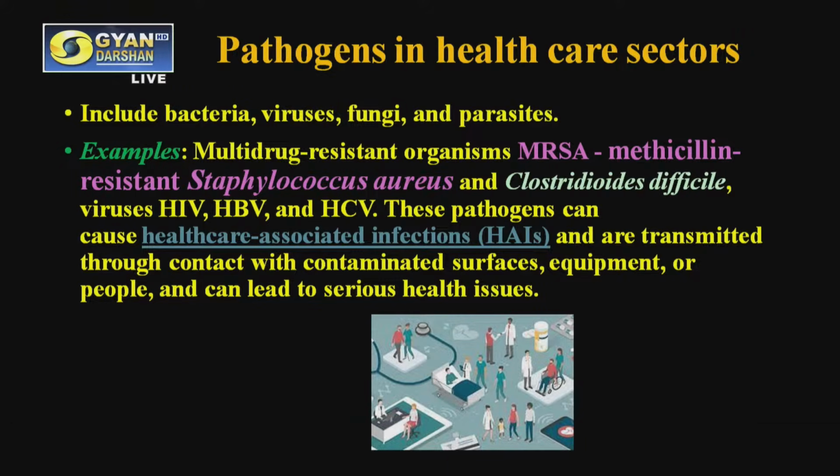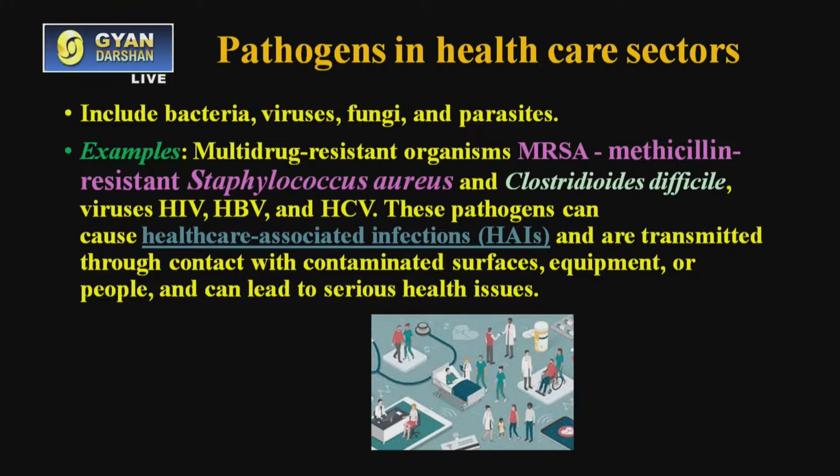This is a gram-positive, spore-forming bacteria, and it is known to cause severe diarrhea. Here again, it may also cause certain types of colon cancer. So these are organisms which have become multi-drug resistant, and the symptoms are being seen in humans.